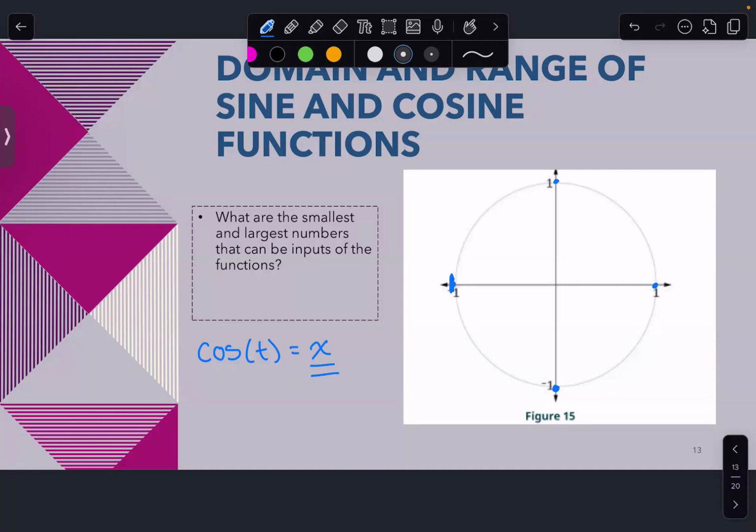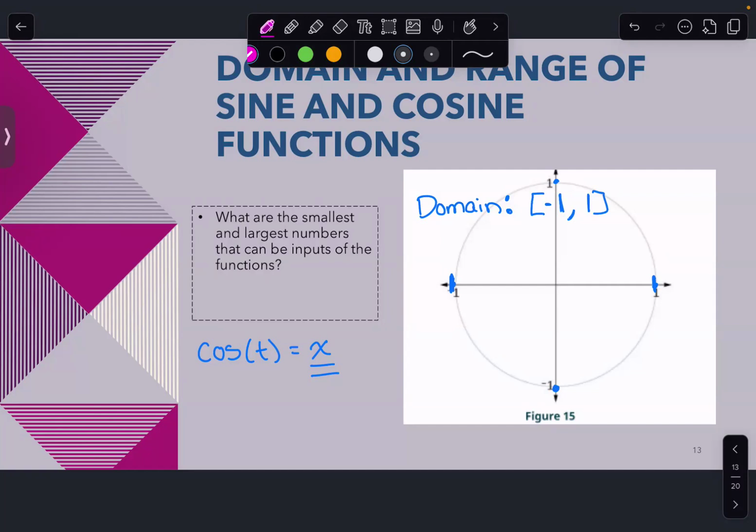So that would tell me that my boundary for my domain, since domain corresponds with x, would be -1 to, so I'm using interval notation, and then now I need to find the largest input value, which would be 1.